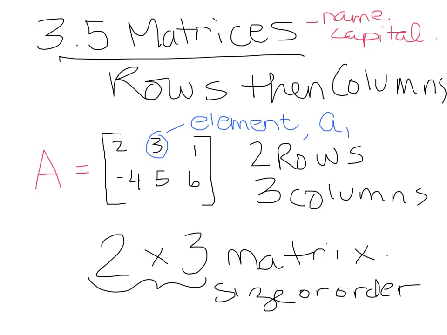It's in the second column, so there's 2 for the column. So this is element a12. It's not a twelve. It's a-one-two because we're giving you the row and then the column. Those are called subscripts. When you have those little numbers, they're written below the line, okay, but they're attached to the letter little a.